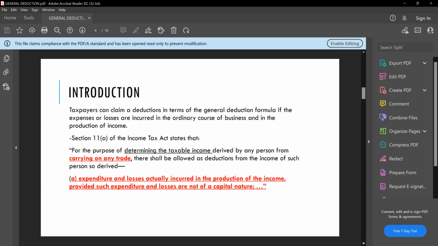So in order for an amount to be deductible from your taxable income, this expenditure or loss has to be actually incurred in the production of income, and it must be non-capital in nature.